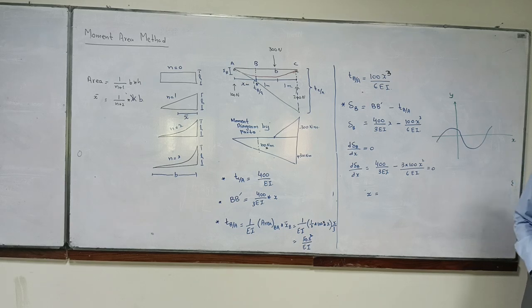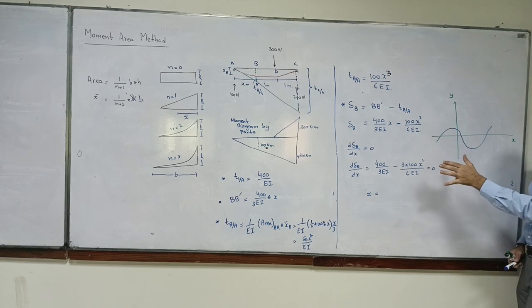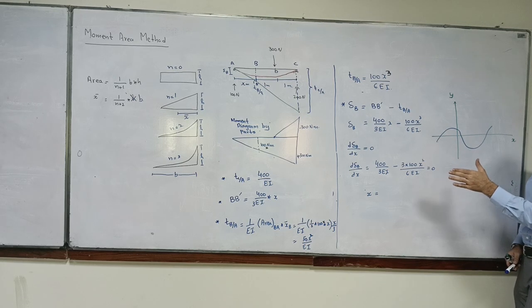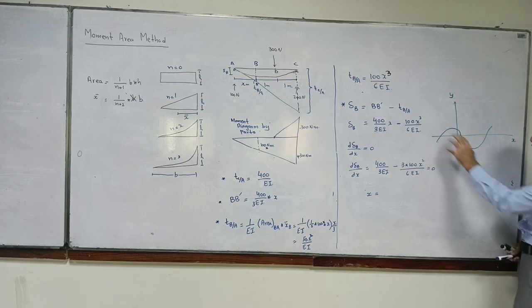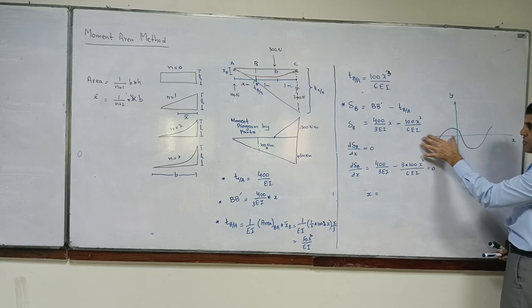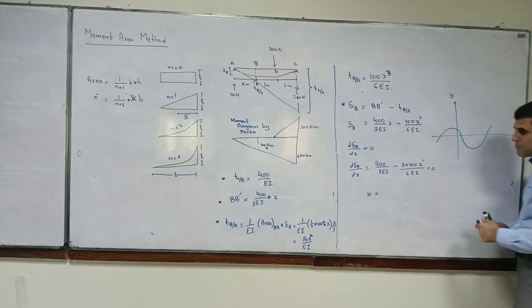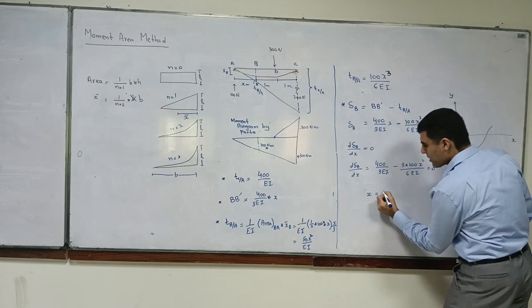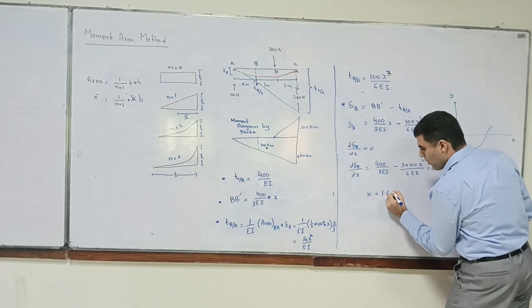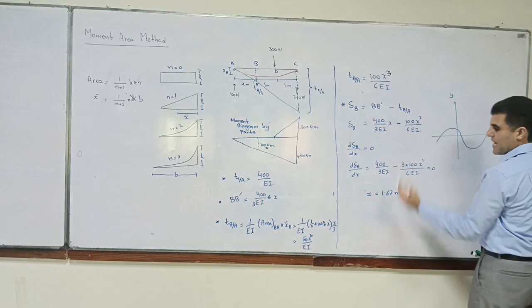And there would be another value which would be negative. That negative is of no concern to us. It is mathematically important, it is one of the roots, but it is coming in the negative x region. So that is of no concern. We are only concerned with the positive. Okay? So 1.62 meter. Now plug it back in delta B.